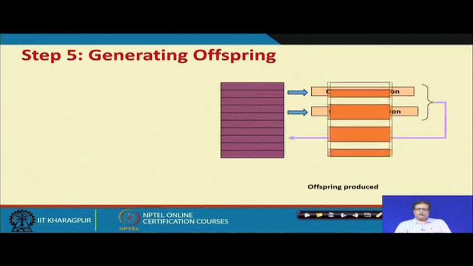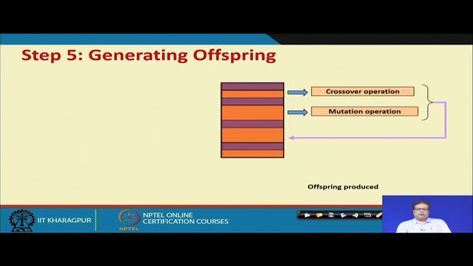So, probably you understood the process of how we go from a given generation population to the next generation population through the process of selection and recombination, recombination in the sense of crossover and mutation. Please remember, while we do crossover and mutation, we always keep in mind the probability of crossover and probability of mutation.